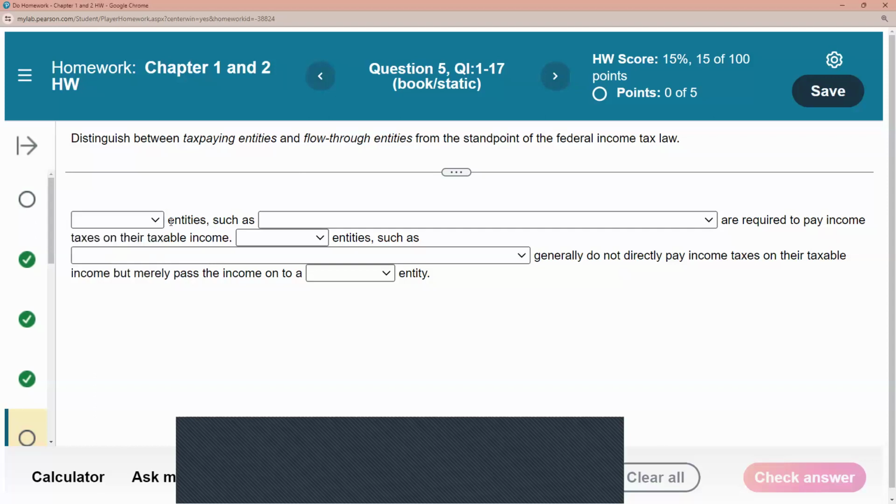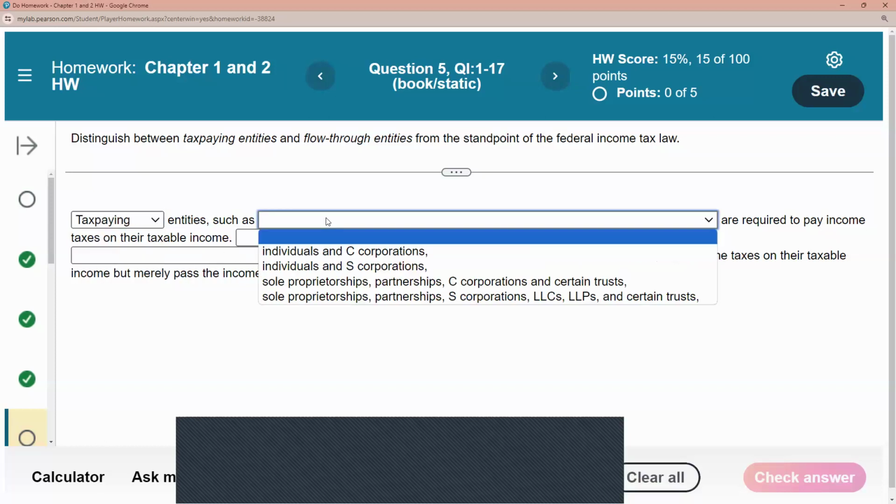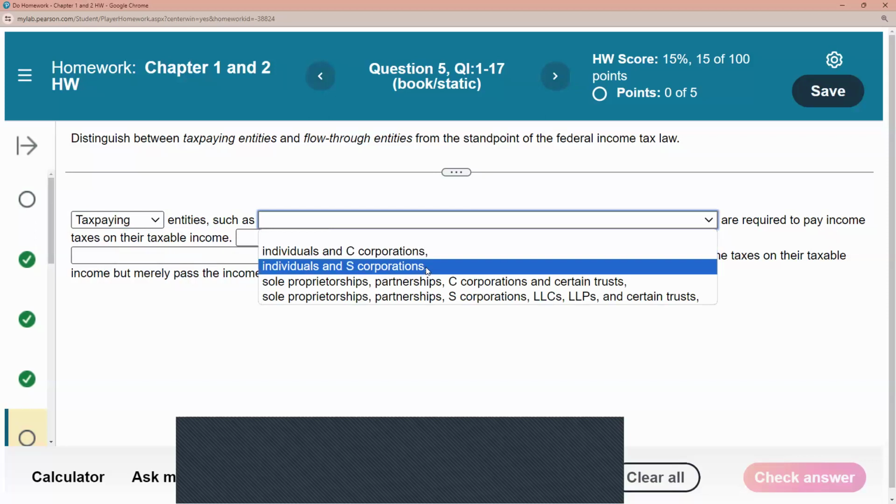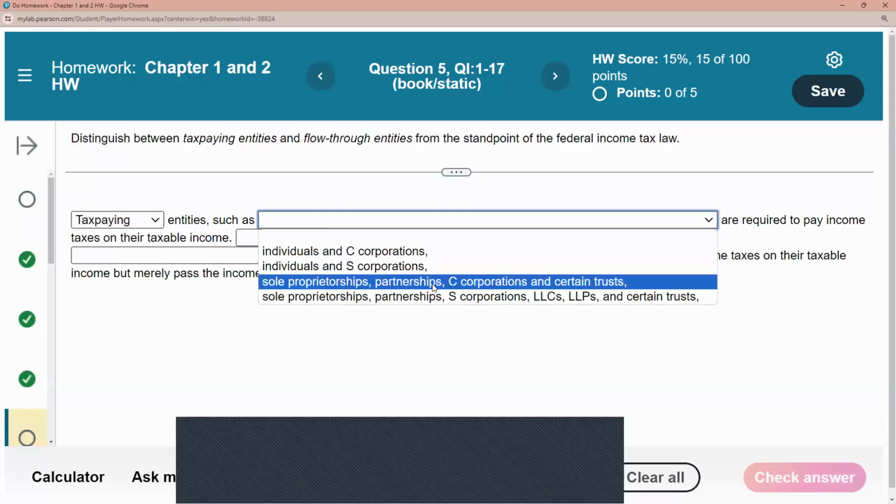So here it asks, blank entities such as blank are required to pay income taxes on their taxable income. So tax-paying entities, such as individuals and C corporations, correct. But let's look at the other options. Individuals and S corporations, incorrect. S corporations are flow-through entities. Sole proprietorships, partnerships, C corporations and certain trusts.